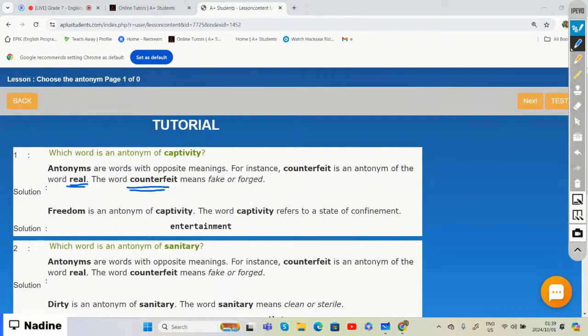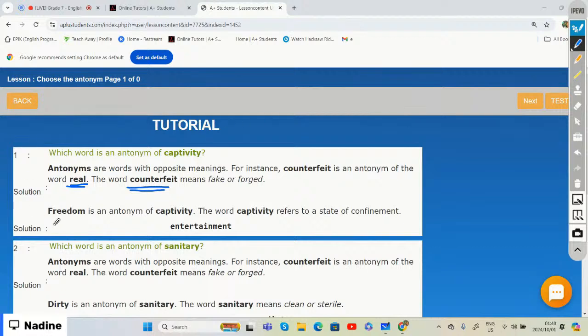So the opposite of real is counterfeit, meaning it is fake, right?